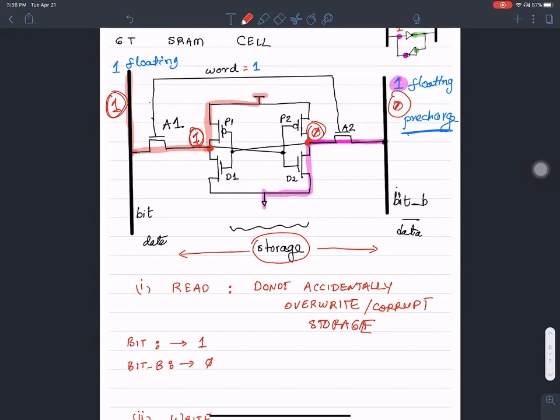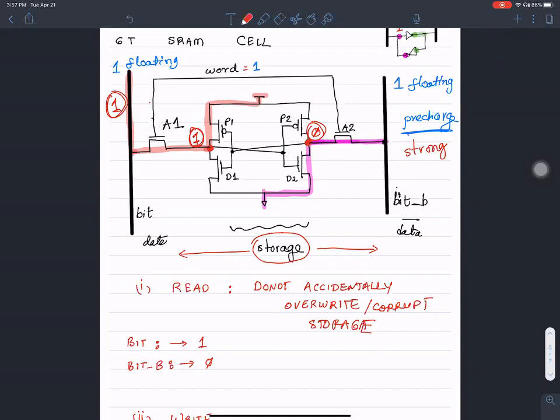What do you see as a problem here, or something that I have to pay attention to? What do you think happens if this 1 that was left floating is very strong?